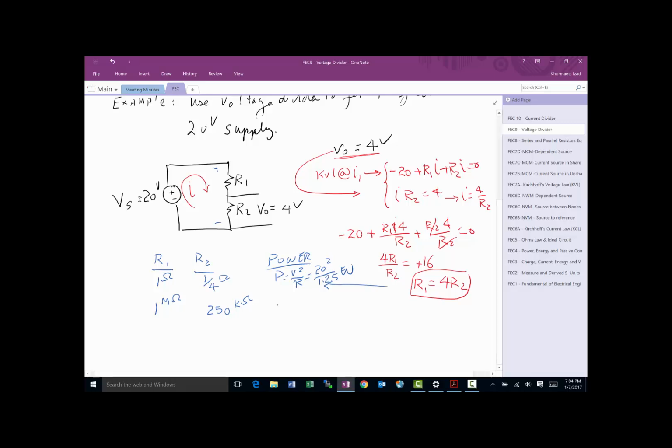In this particular case, if you come down here, then the power is going to be V squared over R. But in this case, you're going to have 20 squared divided by 1.25 times 10 to the 6, which is 400 over 1.25 milliwatts.